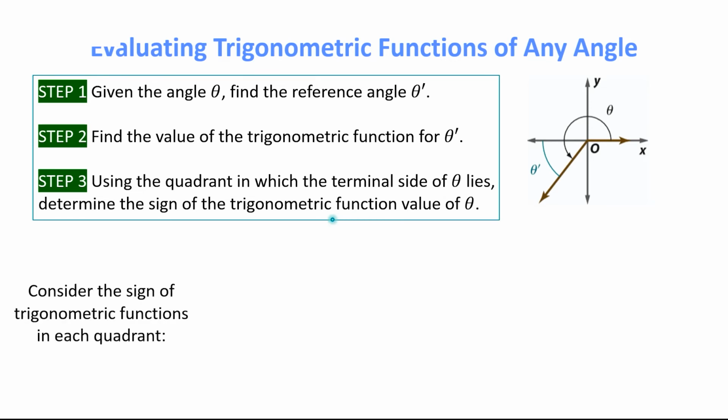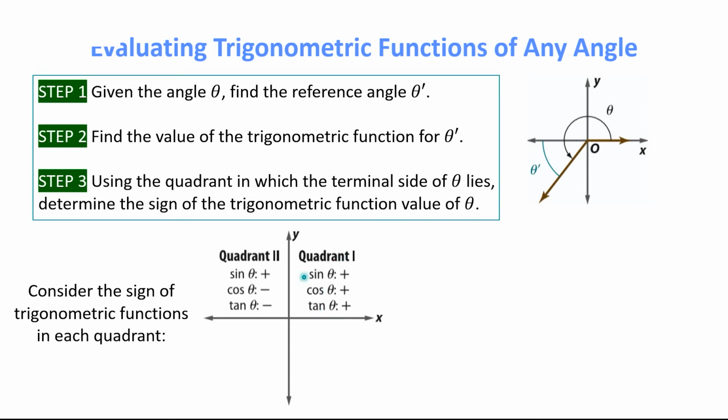Now let's explore this further. What does this mean? Well, we can consider the sign of the trigonometric functions in each quadrant. That means depending on what quadrant theta is in, the sign of various trigonometric functions changes. The sign meaning whether it's positive or negative. So in quadrant 1, when theta is between 0 and 90 degrees, all sine, cosine, and tangent functions are positive. Whereas in quadrant 2, when theta is between 90 and 180 degrees, only sine is positive.